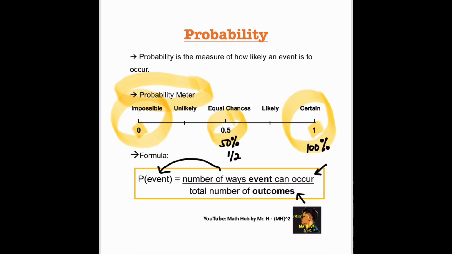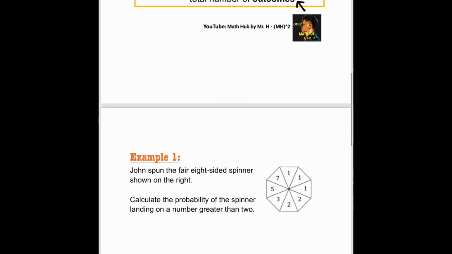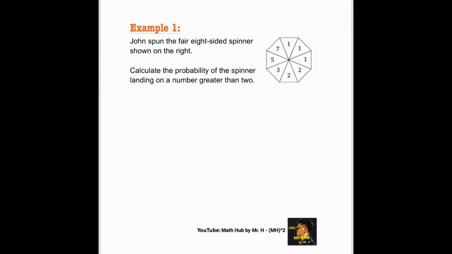So to further understand the concept of probability, let's take a look at some examples. Example 1. John spun the fair 8-sided spinner shown on the right. Calculate the probability of the spinner landing on a number greater than 2. First of all, we need to take note of the event, which is the spinner landing on a number greater than 2.